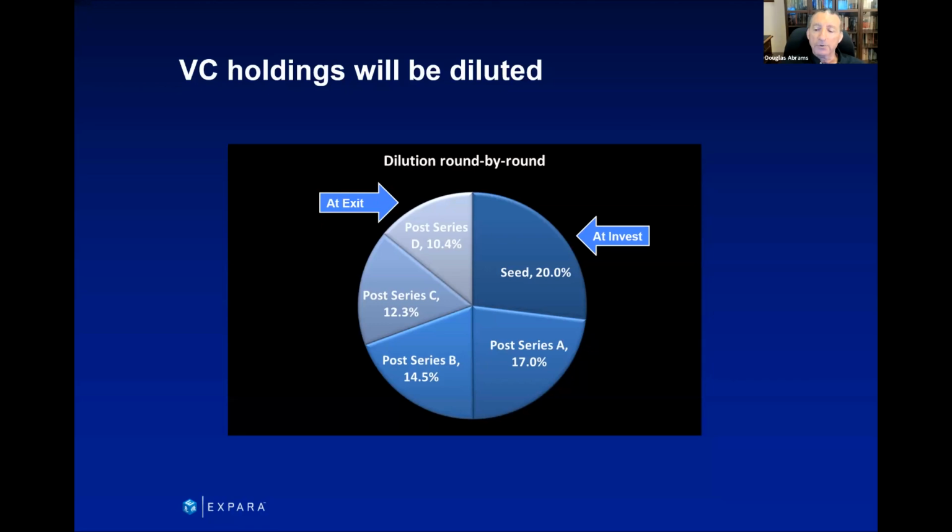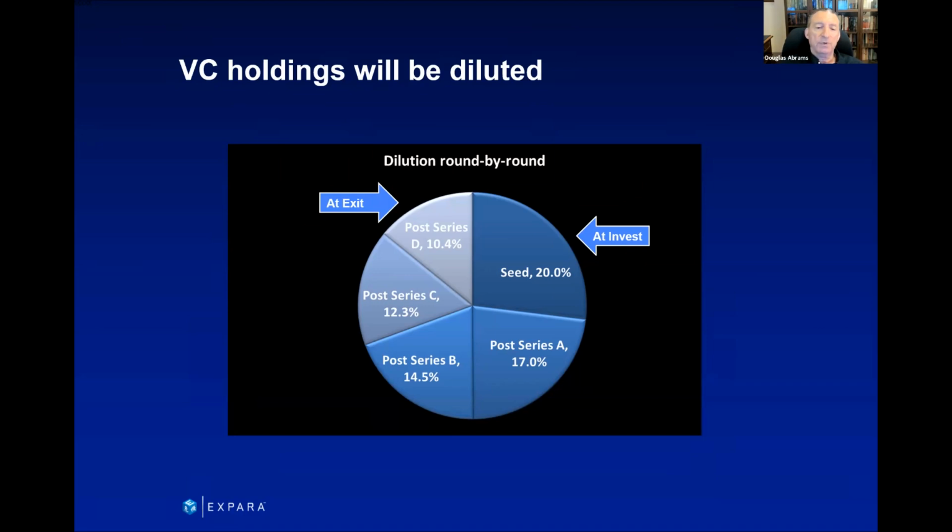Some startups will do fewer rounds. So there might be some startups that exit after the Series A or exit after Series B. But some startups may do many more than 4 rounds. They might do E, F rounds, they might do G rounds. So I think it's pretty conservative and reasonable to assume 4 funding rounds post-seed.